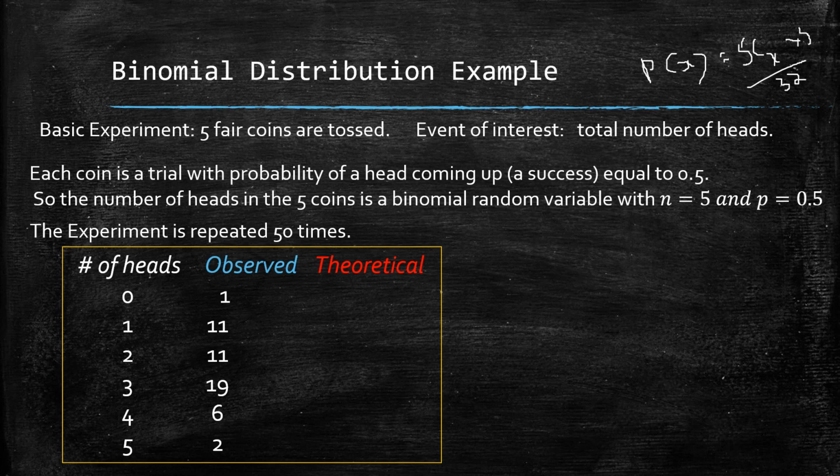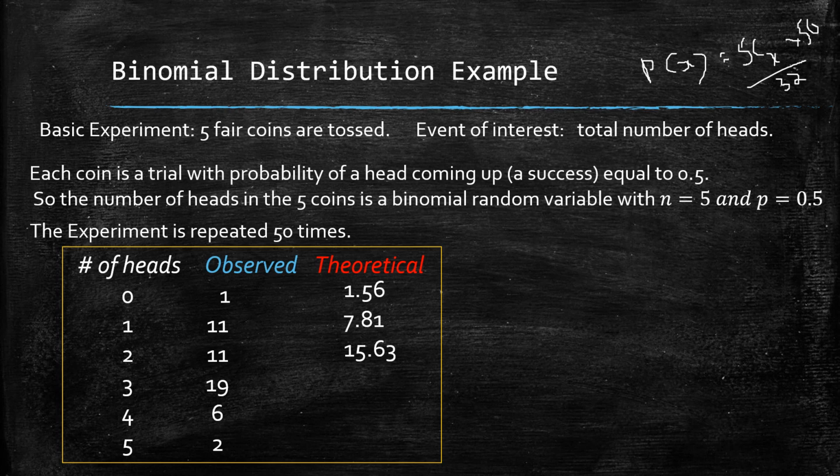So if I calculate the theoretical observation, when x is 0, that means the total number of heads is 0, P of 0 is 5C0 by 32, that is 1 by 32 into 50, that is 1.56, very close to the observed fact. X equal to 1 gives 5C1, 5 by 32 into 50, 7.81. Likewise, when x is 2, 5C2, that is 10 by 32 into 50, 15.63.